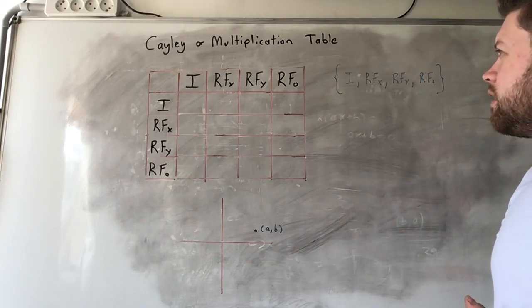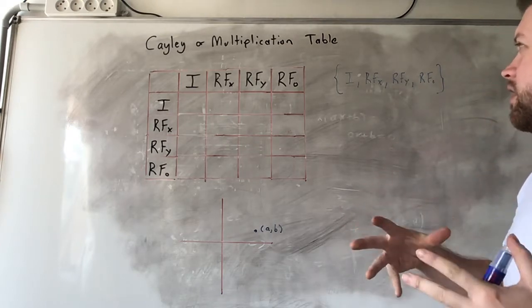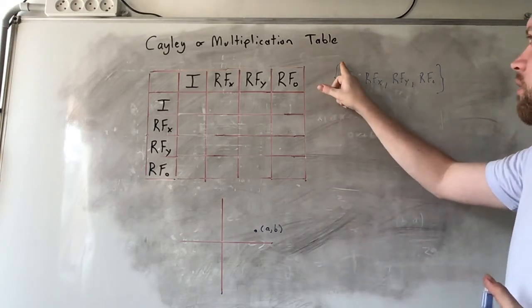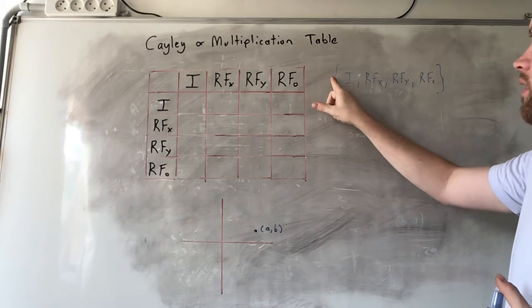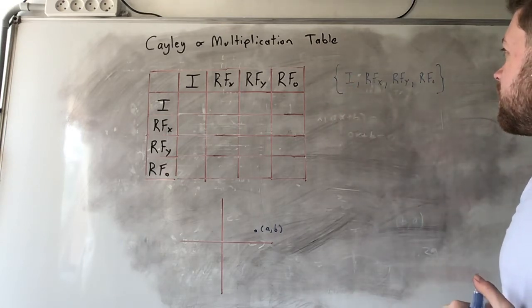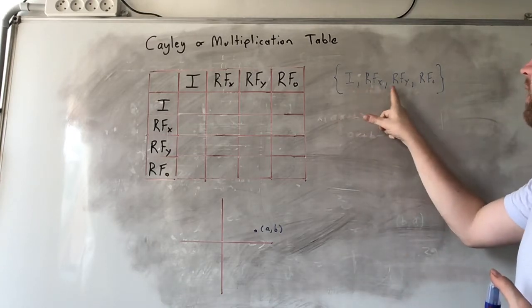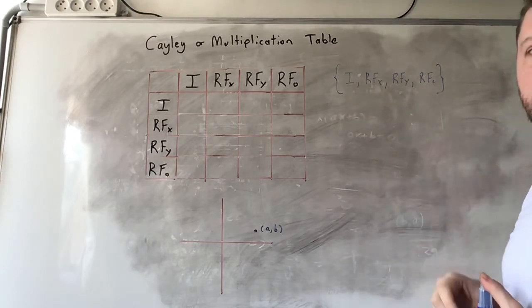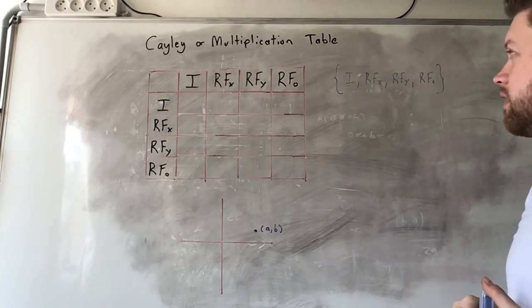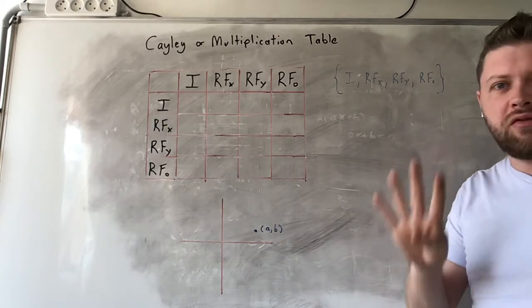Because we can think of it as a set, we use set notation. So oftentimes mathematicians will use these little wiggly brackets, and inside the wiggly brackets we write each of the elements of the set. In our case we have 4. There are 4 possible reflections.